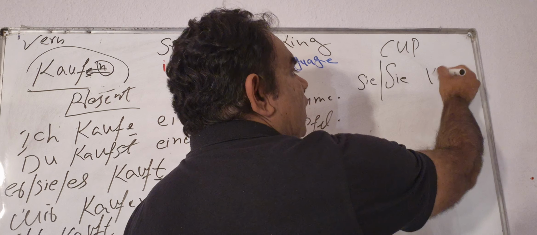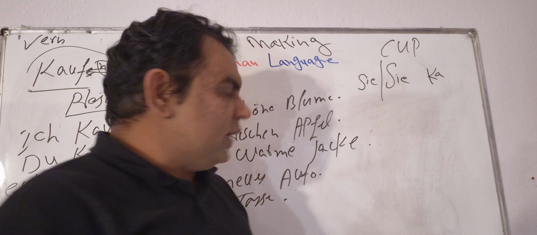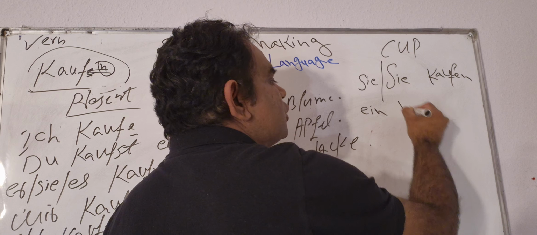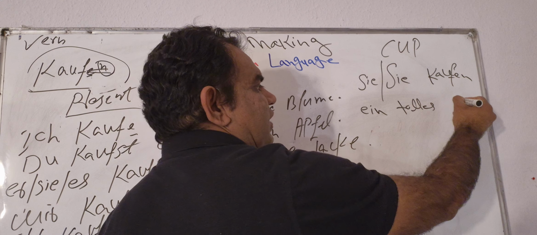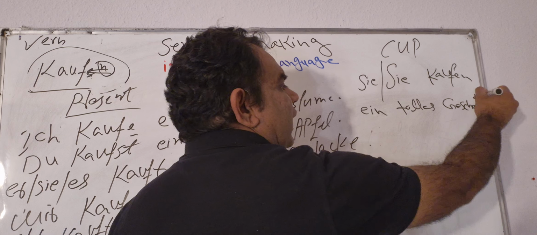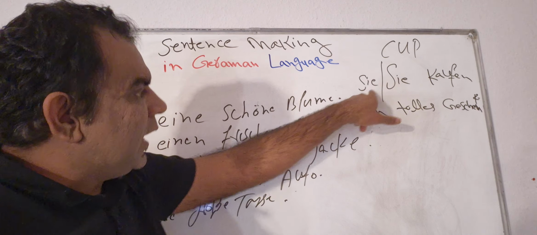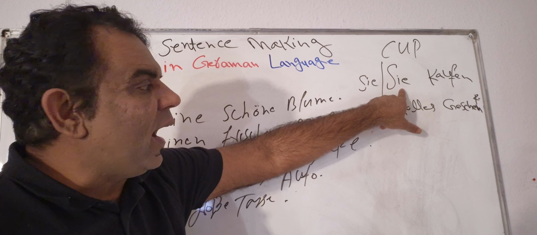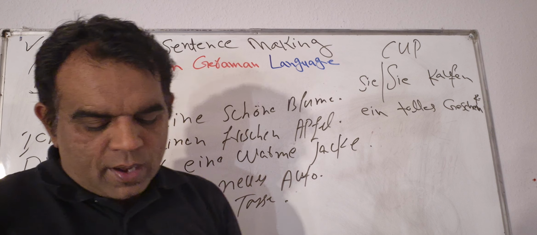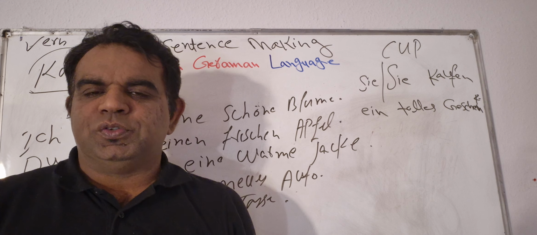We will write the verb with the full form, en. Sie kaufen ein tolles Geschenk. Okay, what did you write? Sie kaufen, they buy, or you formal buy, ein tolles Geschenk. You are buying, for example, a great gift. Tolles means great.